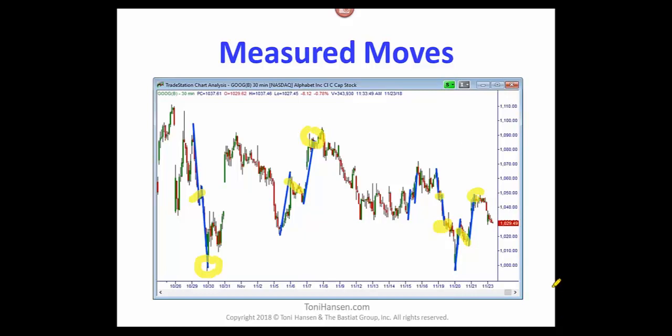A really simple tool to help you add these measured moves onto your chart is that Fibonacci 3-point extension. We're going to come back here on Google in a second.